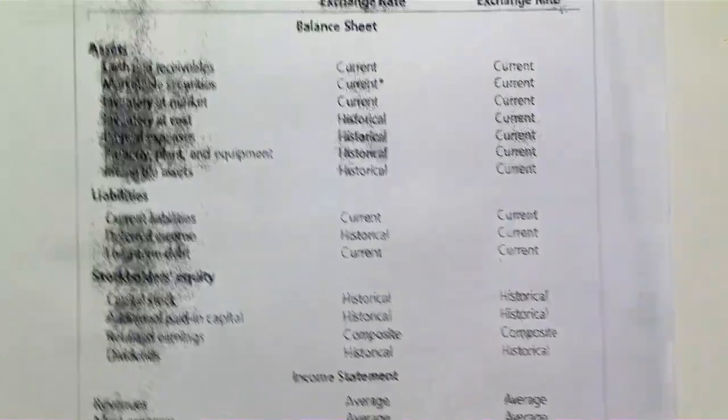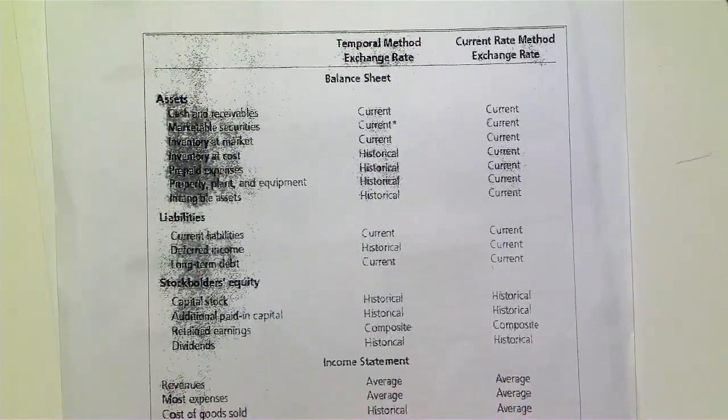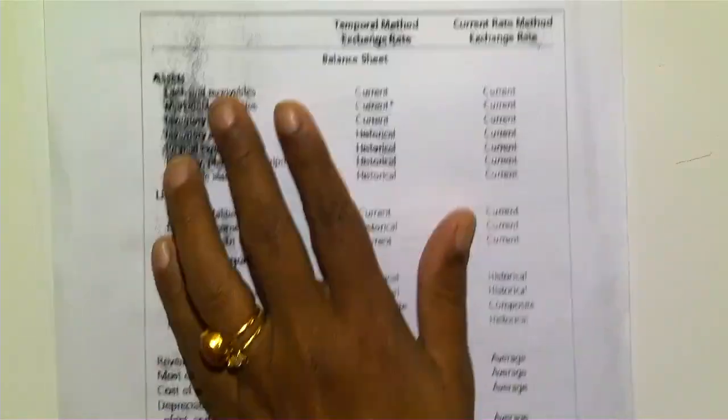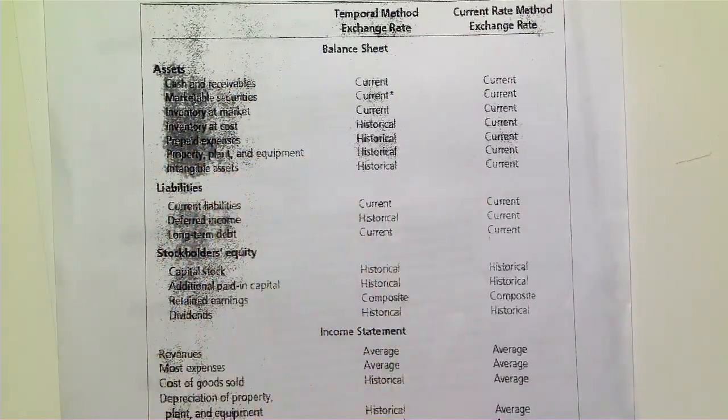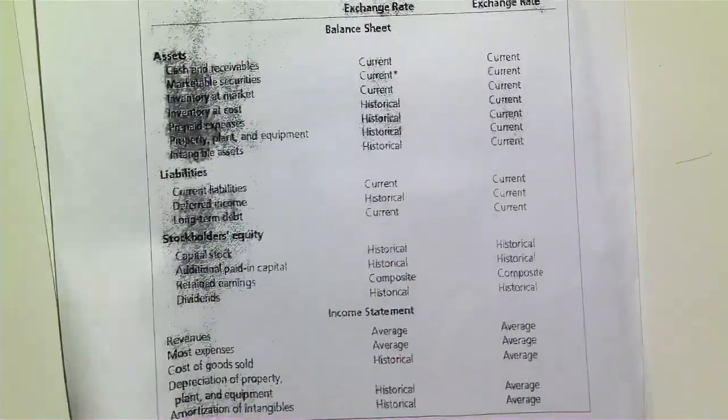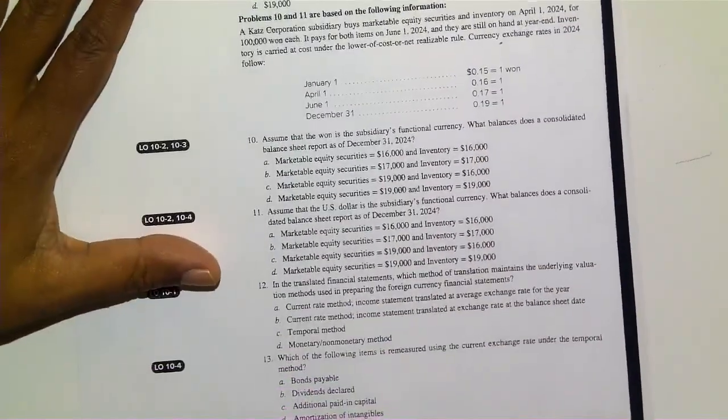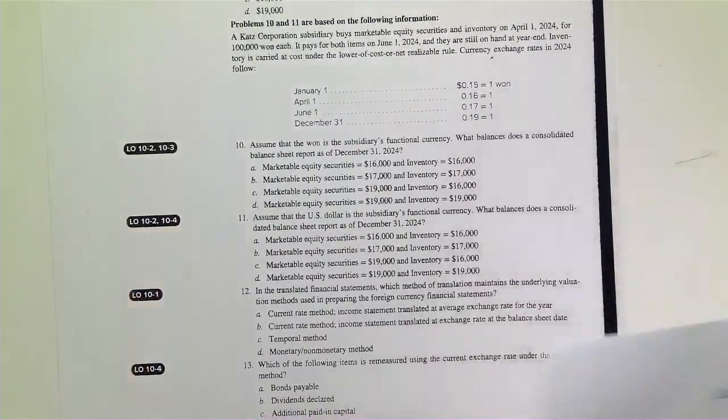We're going to use this table, and for those who were absent last class, I have some copies. It's very dark, I hope you can read it better. Or it's on the slides too. So we will do problem number 10 and 11.